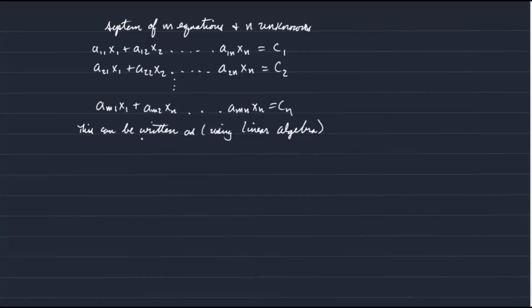So using linear algebra, we could write the same system very simply as a matrix A times vector X is equal to vector C. And I'm going to use the double overbars to denote matrices, and the single overbar for vectors.